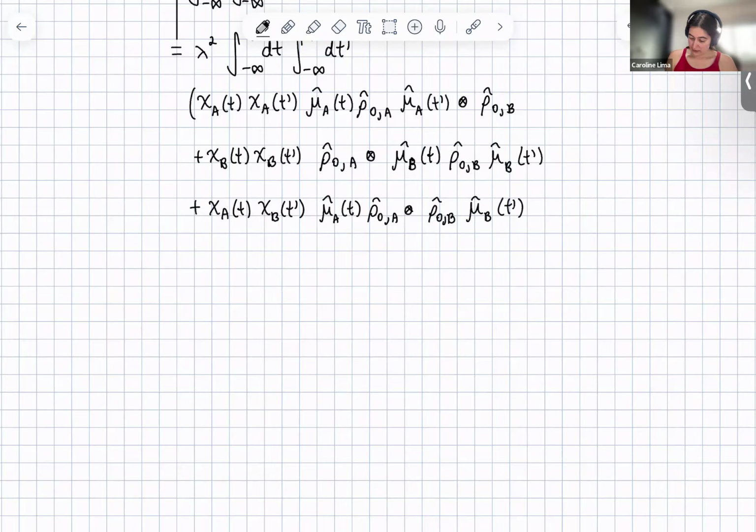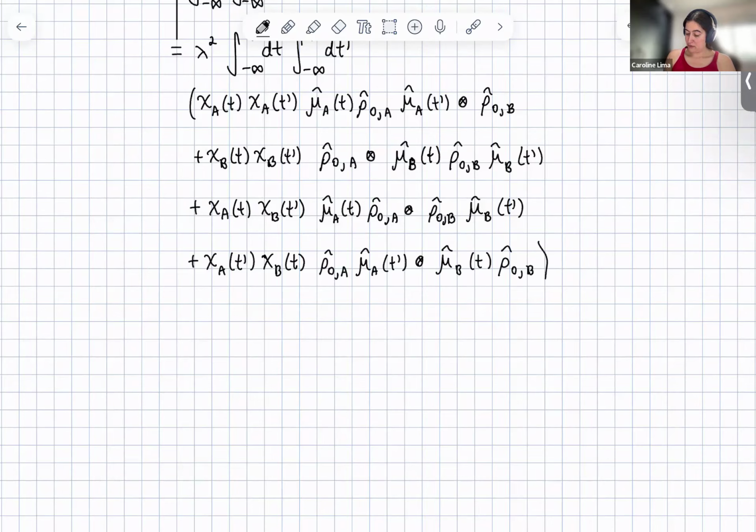And then the other term that I'm missing, which is going to be chi A of t prime, chi B of t. And then I'm basically swapping the positions with respect to the previous line, right? So I have rho 0A with mu A of t prime. And then I have mu B of t and rho 0B.